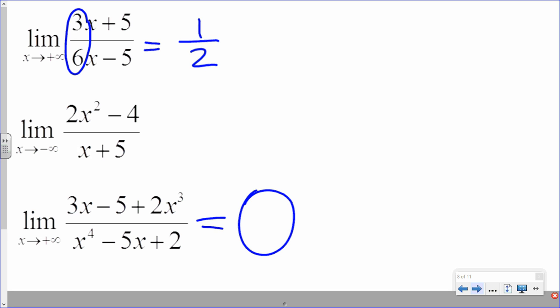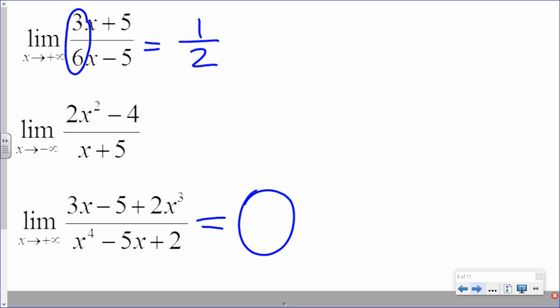So we know that in this case, we're going to have unbounded behavior of some kind, but we're going to need to be able to figure it out. So we're going to have to use the strategy that we used on the previous slide for these ones that have slant asymptotes, okay?